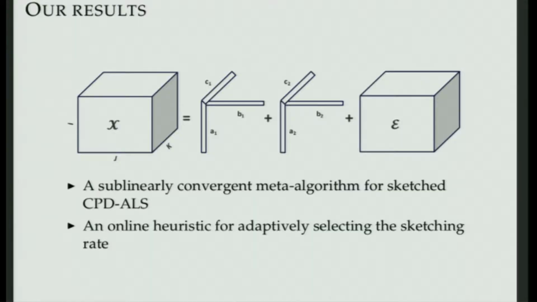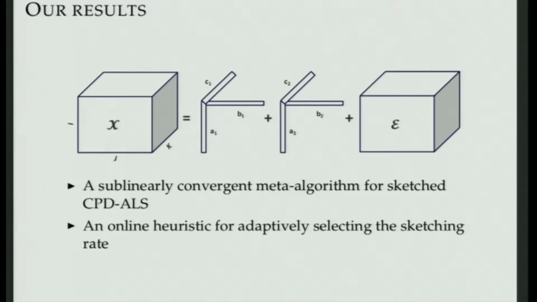Okay, so in this talk I'm going to cover the following results. So we have a sublinearly convergent meta-algorithm, so a framework for getting algorithms for sketched CPD ALS. And we have a heuristic for adaptively selecting the sketching rate.